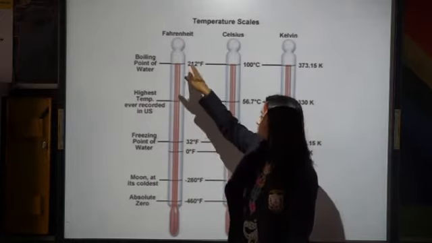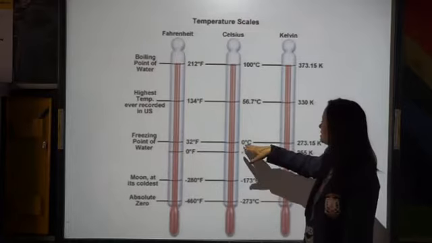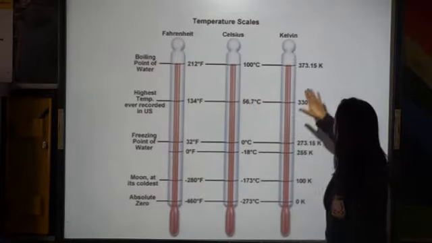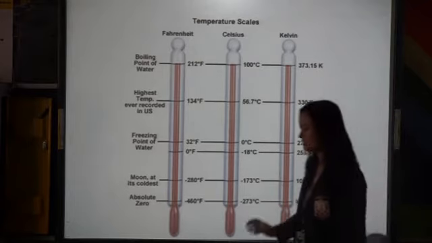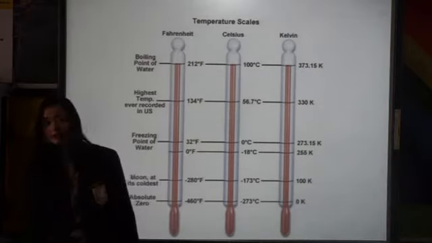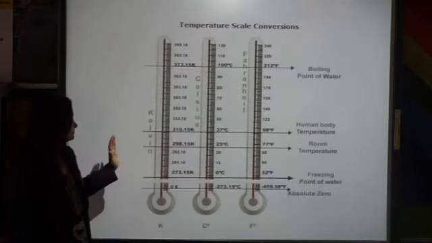The number of lines between 32 and 212 is 180, between 0 and 100 is 100, and between 273 and 373 is 100. So these are the differences and the comparison between Fahrenheit, Celsius and Kelvin.